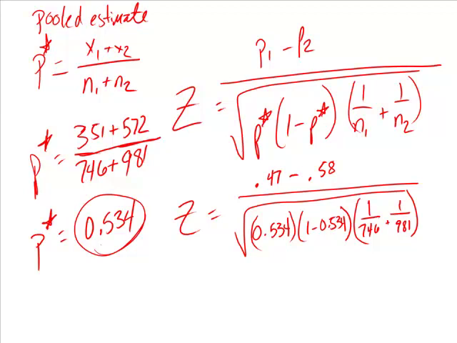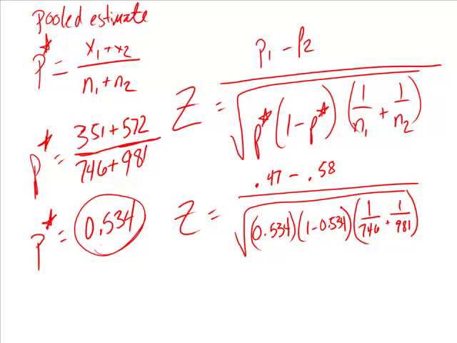And what you're going to get is a z-score that I didn't bring to class. So I guess I can do the calculating really quick. How would I get this with a calculator?